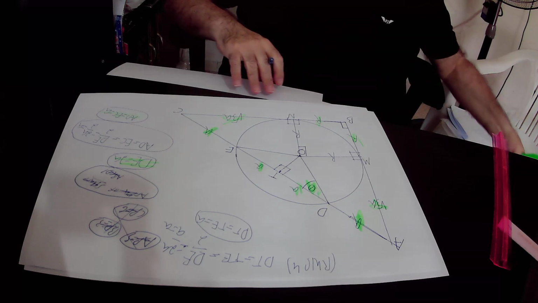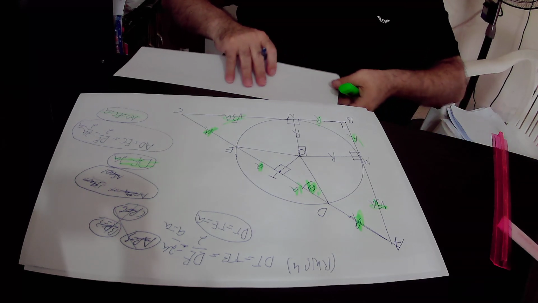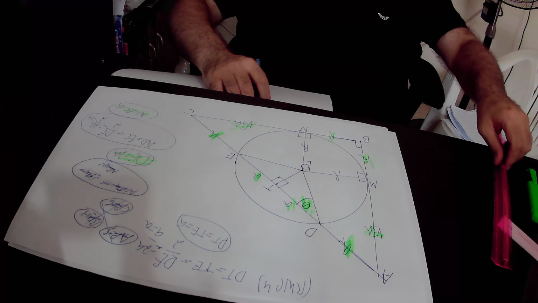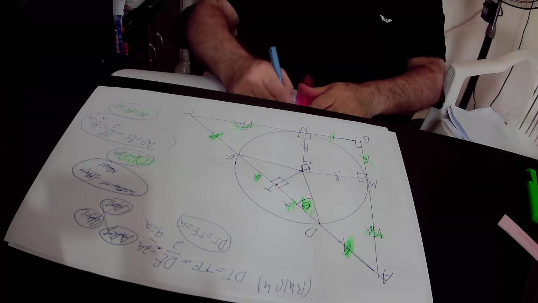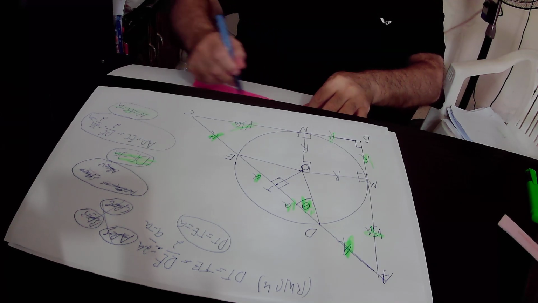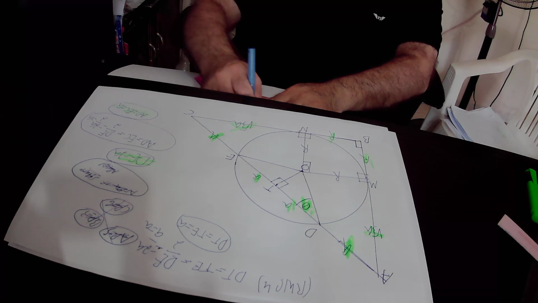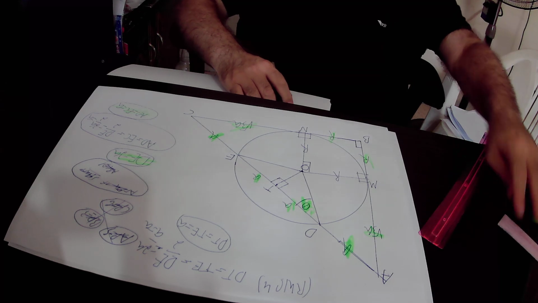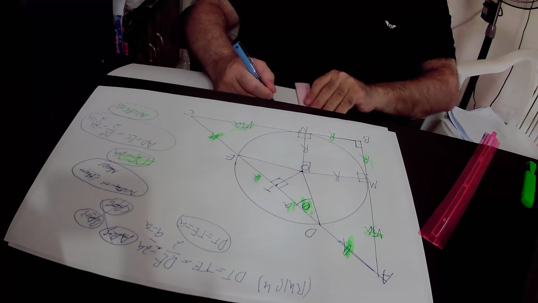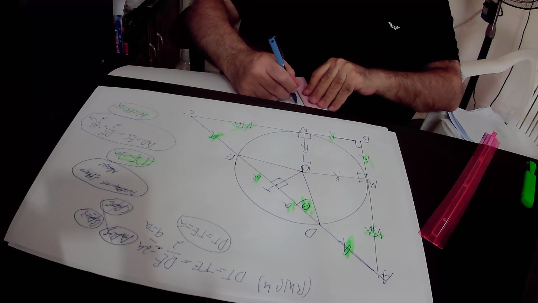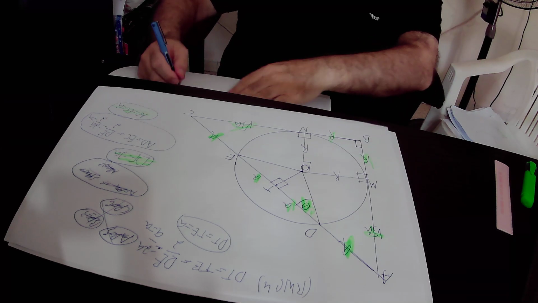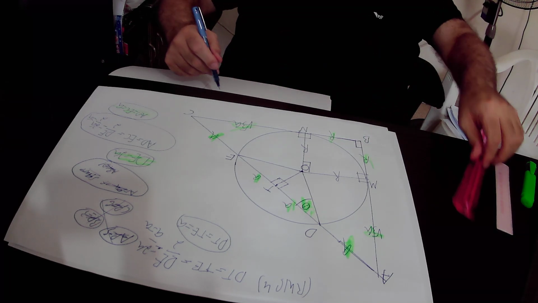The right triangle ABC. What is the length of side AB?